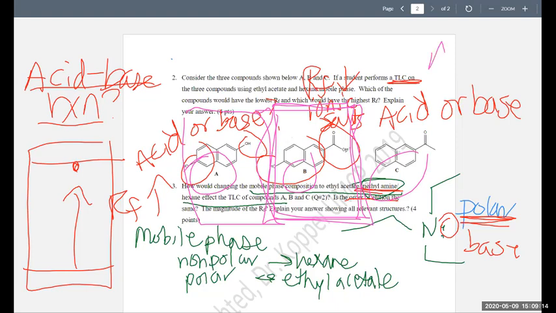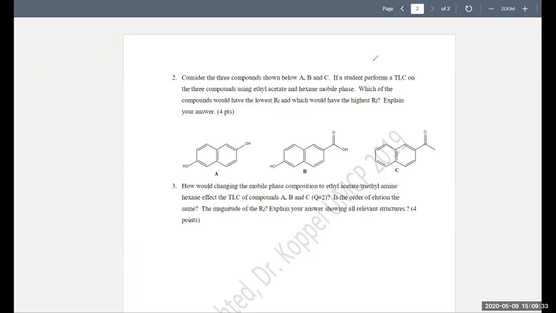So my RF from lowest to highest would be B, A, C. And that's not blood alcohol concentration, but okay. All right, I think that summarizes what I had.